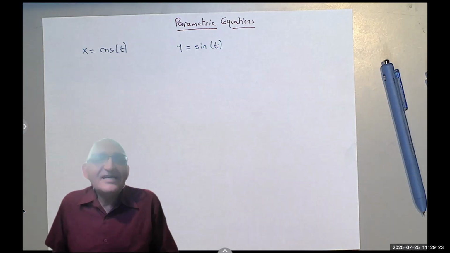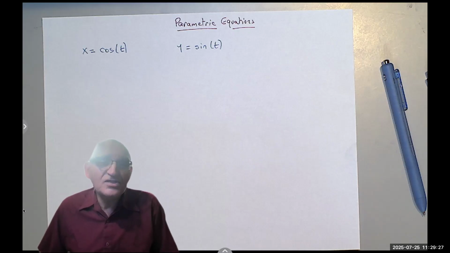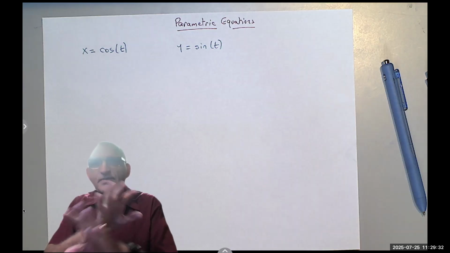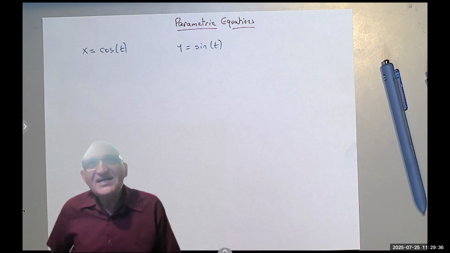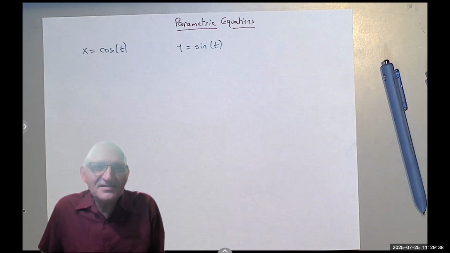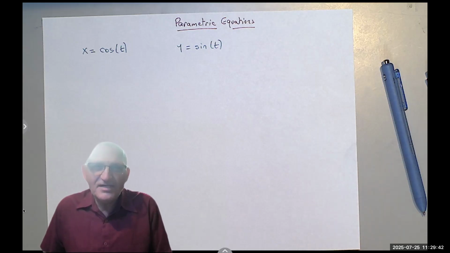Look at those and tell me, how do I get a relationship between x and y? If x is cosine, y is sine. Yeah, some of you will say, okay, it's shifted by pi over 2, so maybe I can write an equation. But would that give you a relationship between x and y?